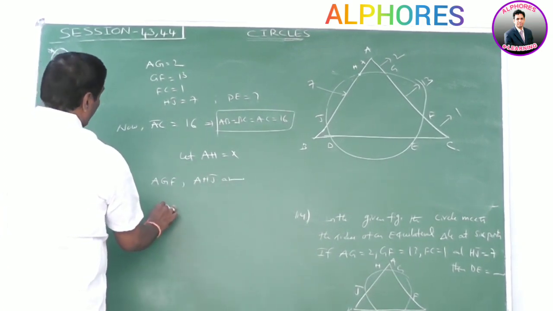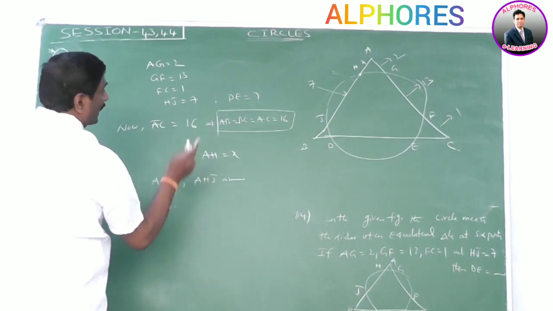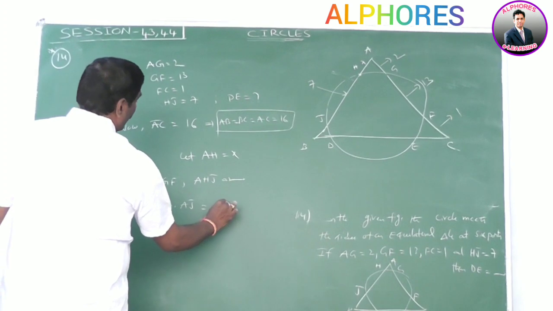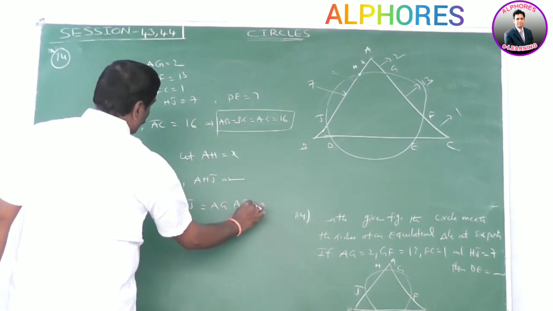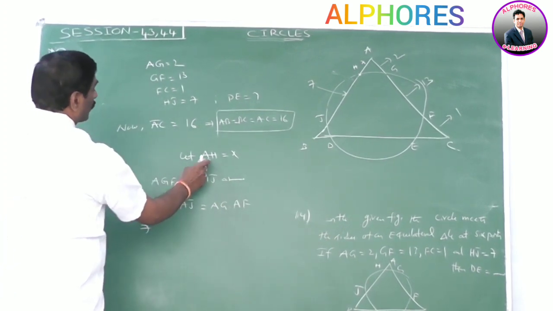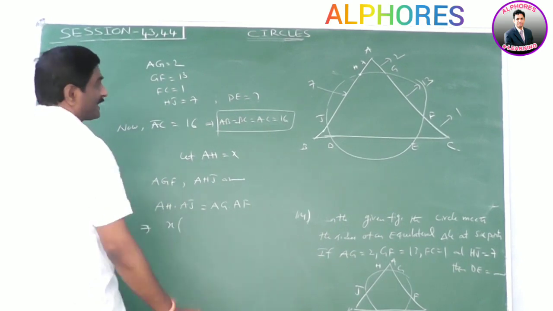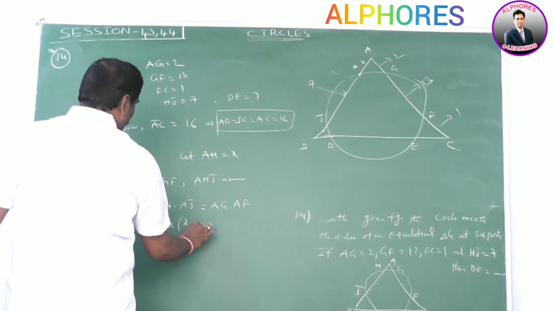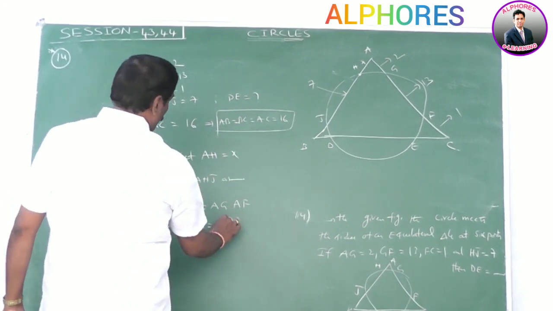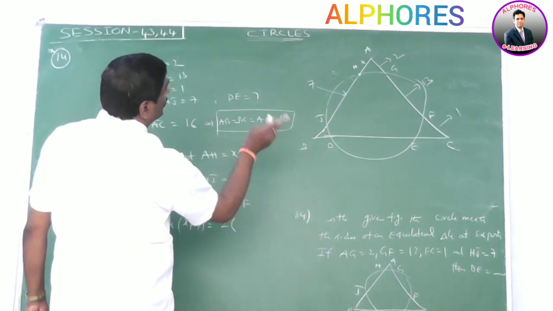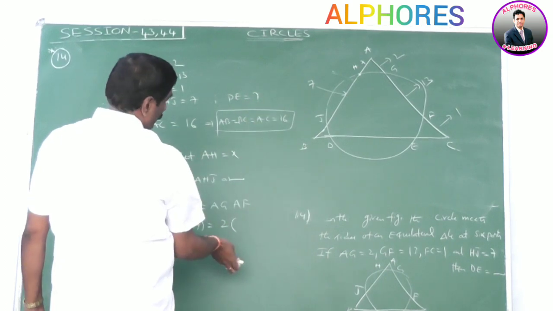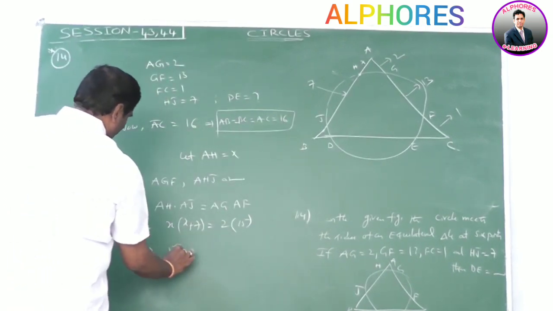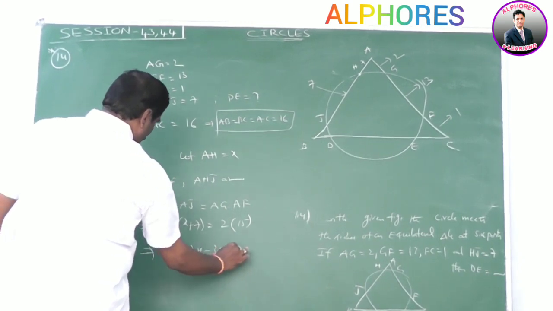Therefore, AH into AJ is equal to AG into AF. AH is equal to x. AJ is nothing but x plus 7. x into x plus 7 is equal to AG means 2 into AF means 2 plus 13. Okay, that means 15. That implies x square plus 7x minus 30 is equal to 0.